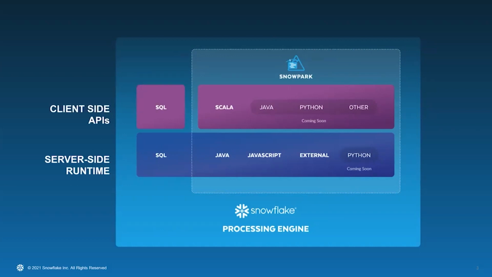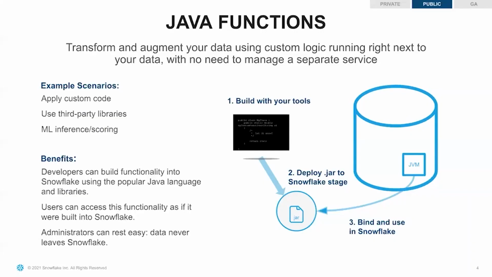And if it's an external function, then your SQL queries can call external systems. I've written about that in different places, but for today, we want to focus on Java. Something that gets a lot of people excited about this specific chart is that we are going to soon hopefully announce Python UDFs in Snowflake, and that will be really cool. But today, let's stay with Java.